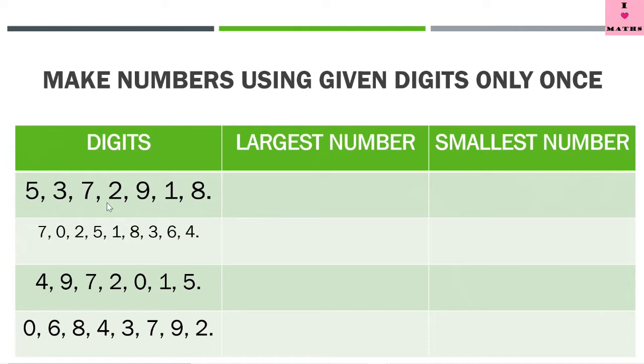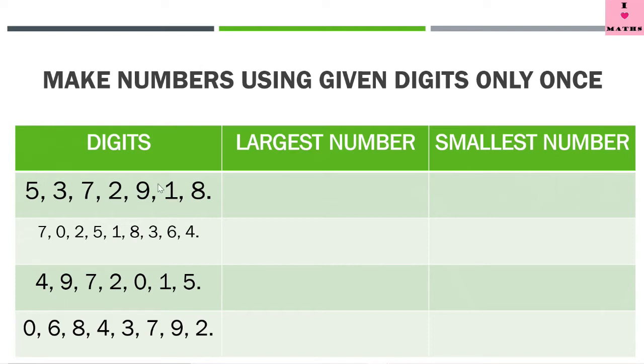Okay, so here the largest digit is 9. We will write 9 first, then 8, then 7, then 5, then 3, then 2, and then 1. We will see what number has been formed.